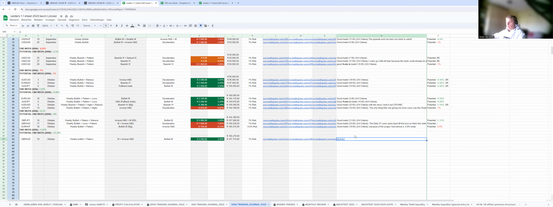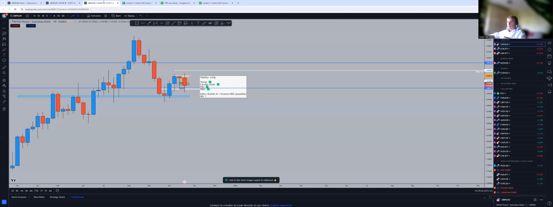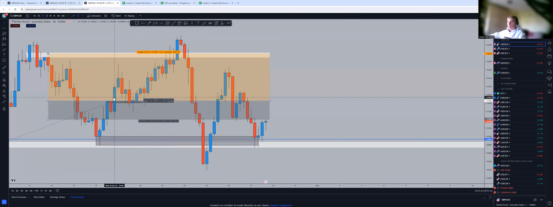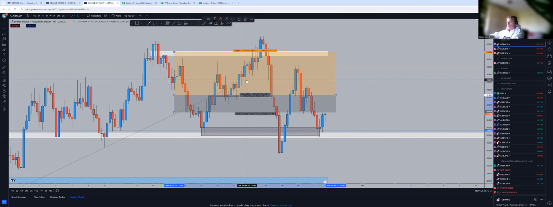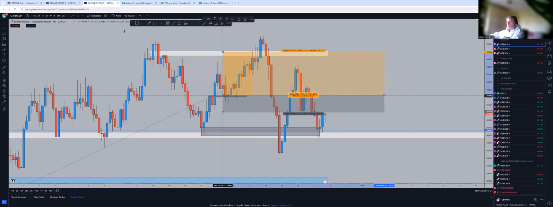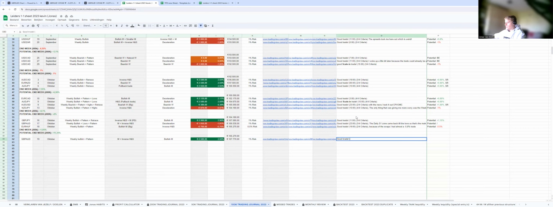What can we also fill in? It was a good trade because it was a trade followed by the plan. It was around, let me check, around 11 o'clock, like this. I could take this because I was working, so I just set the limit, then the criteria 4 out of 4.